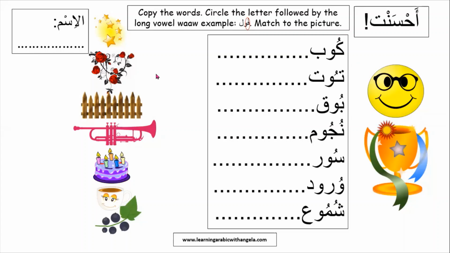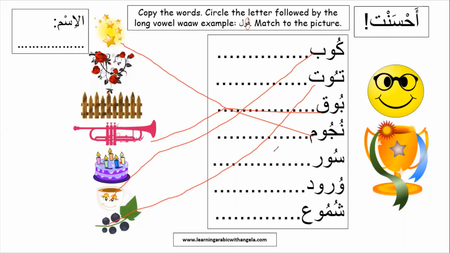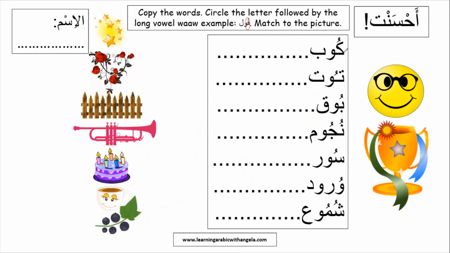So we can match the vocabulary. كوب, which one is كوب? توت. بوق. نجوم. سور. ورود. وشموع. ممتاز. Excellent.